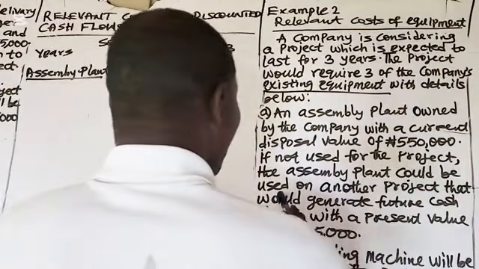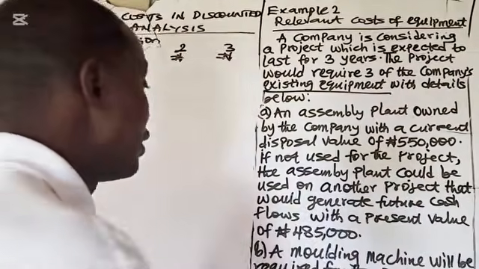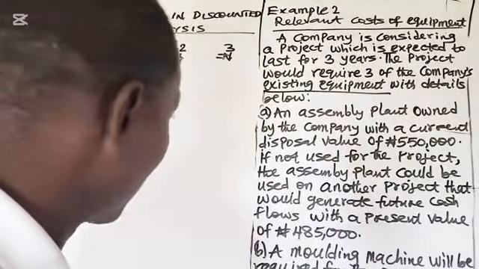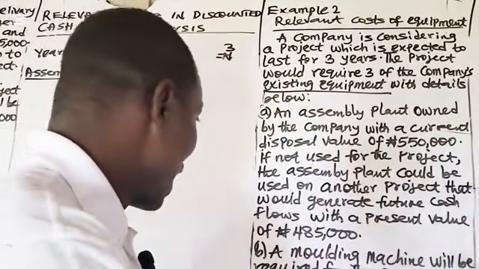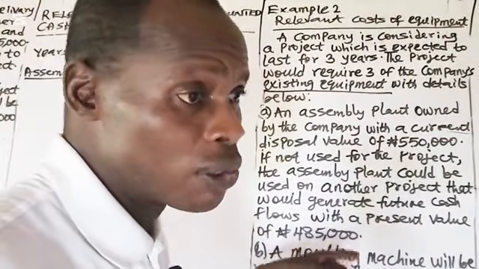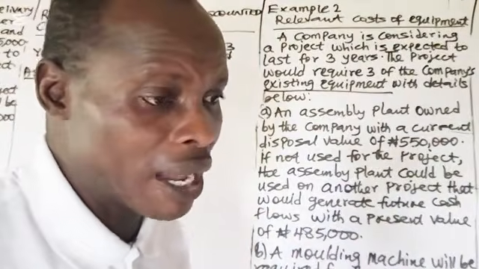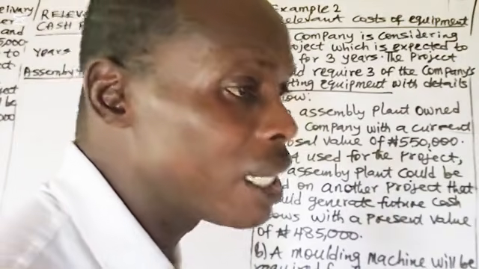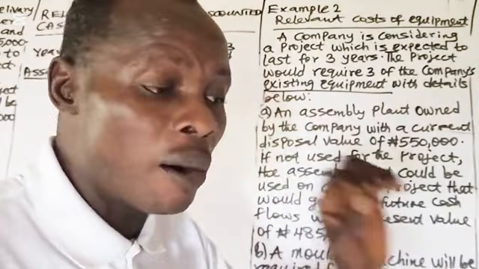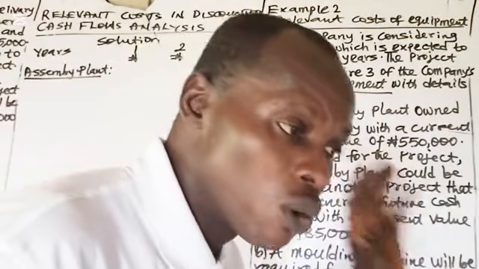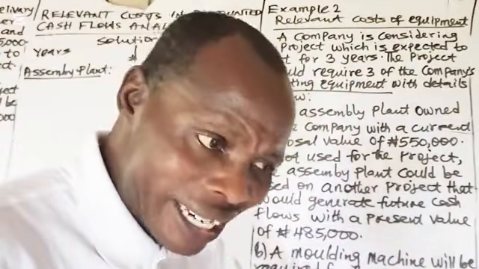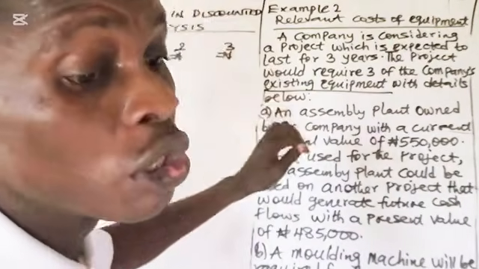The assembly plant could be used on another project that will generate future cash flows with a present value of 485,000. So there is an alternative use of that plant elsewhere that will generate the present value of future cash flows of 485,000. And I've told you that the relevant cost of existing equipment is the higher of the disposal value of the equipment or present value of cash flows that could be earned by having an alternative use of the equipment.